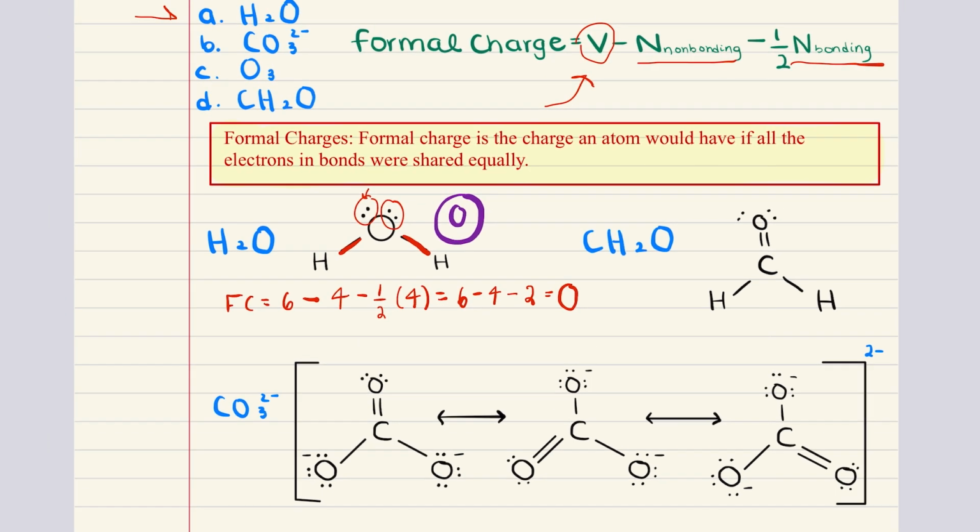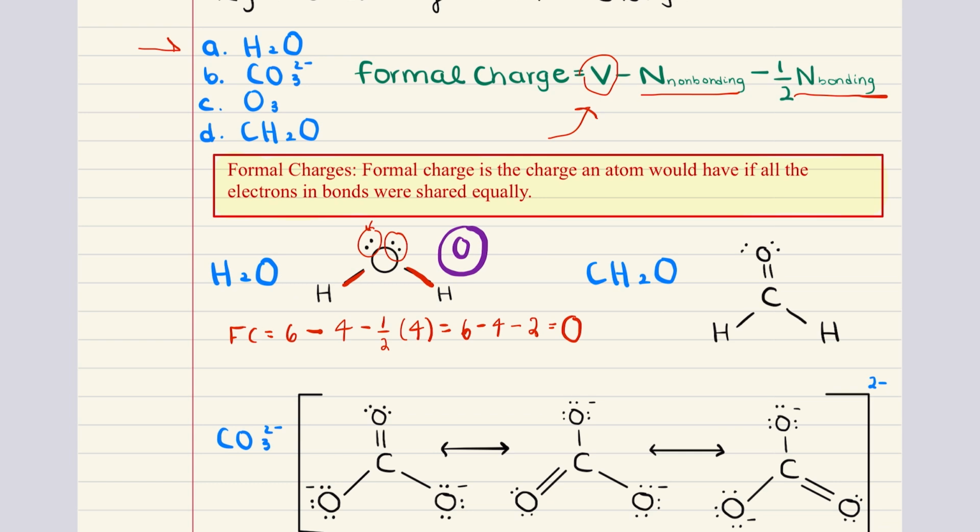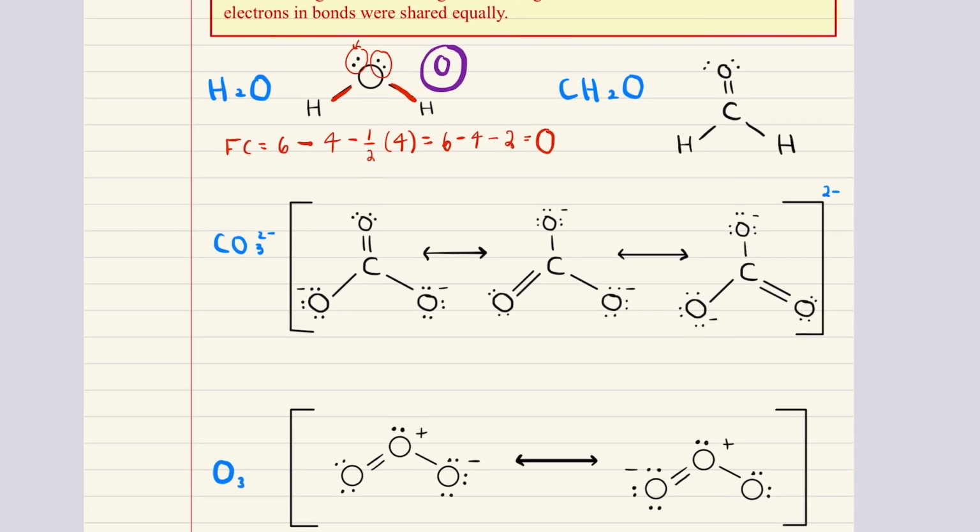Now, the next answer choice is the carbonate ion, CO3 2-. Now, this is really interesting because we have a charge that's associated with the molecule that is given to us in the answer choice. And so we can go ahead and draw out this molecule.